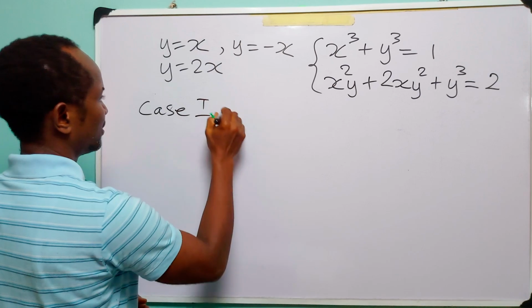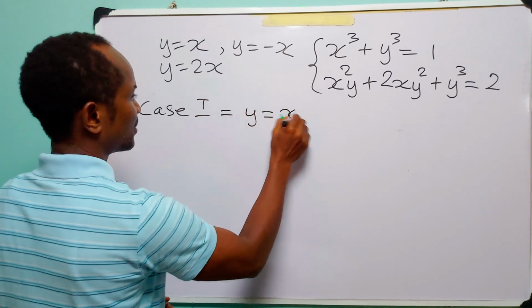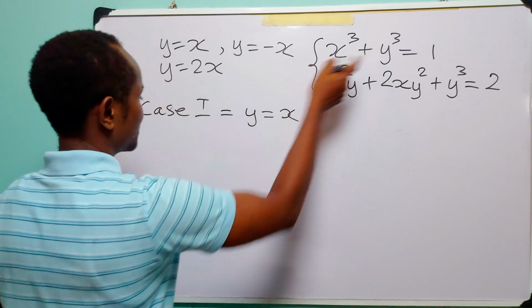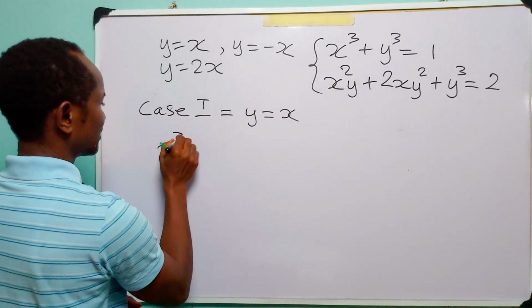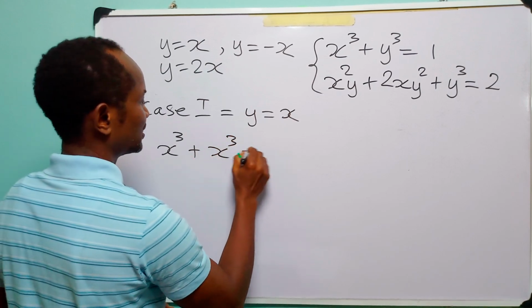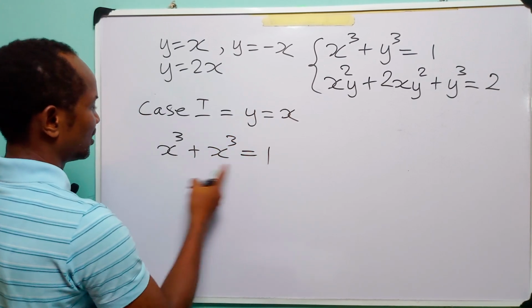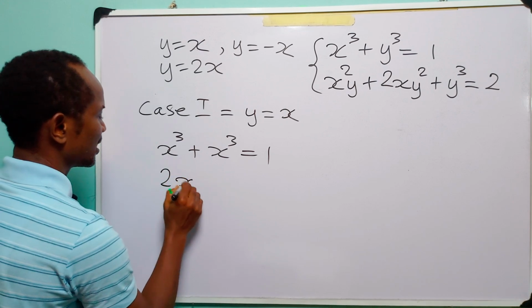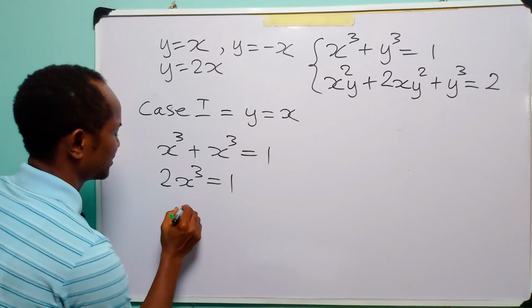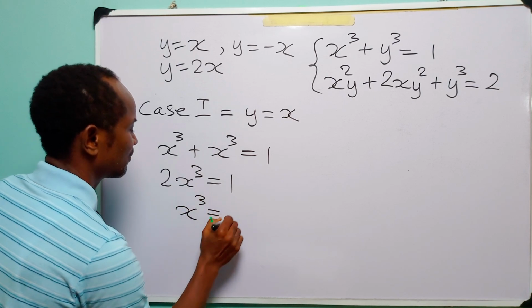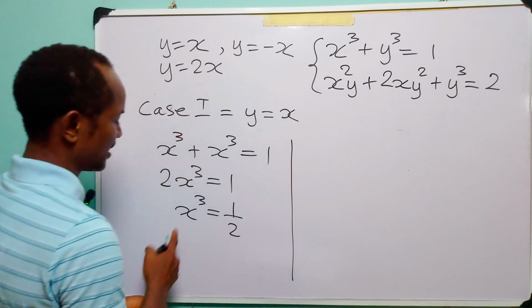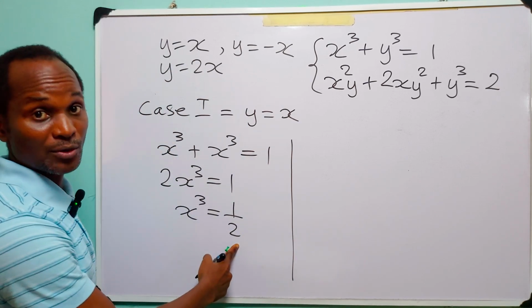So for case 1, we have that y is equal to x. And when we substitute that into this equation, we have that x cubed plus x cubed is equal to 1. So here we have that 2x cubed is equal to 1, and we have that x cubed is equal to 1 over 2.